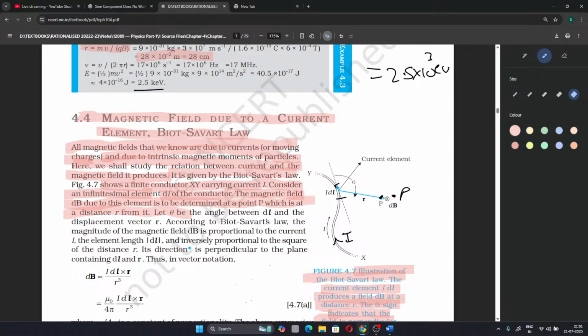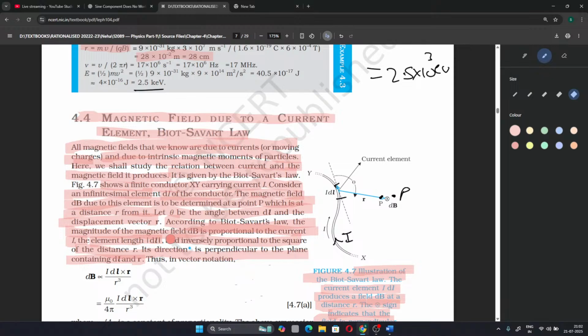Let theta be the angle between dl and the displacement vector r. According to Biot-Savart's law, the magnitude of magnetic field dB is proportional to the current I, the length element dl, and inversely proportional to the square of the distance. Its direction is perpendicular to the plane containing dl and r.